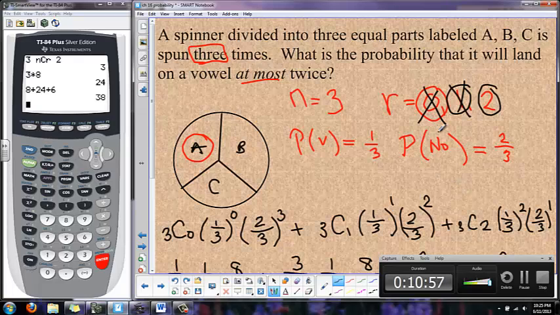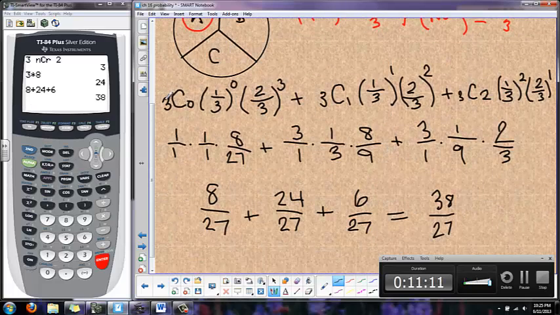Probability that it will land on a vowel at most twice: 0, 1, or 2. And we spin 3 times. A vowel is 1/3 and not a vowel is 2/3. 3 choose 0. What did we do wrong?